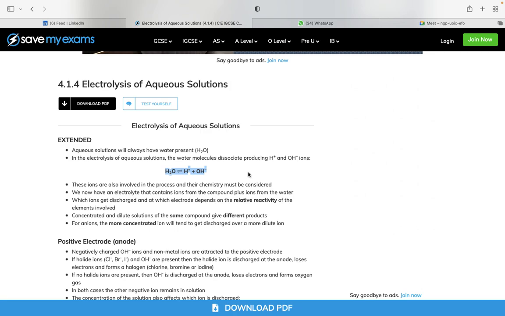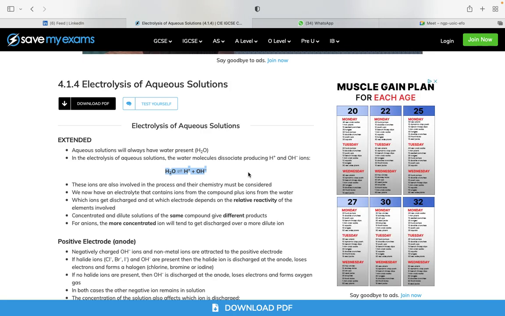Like when we did electrolysis of brine, you have an electrolyte that contains ions from the compound itself, like H2SO4, the one we looked at just now, and that of brine, aqueous sodium chloride.